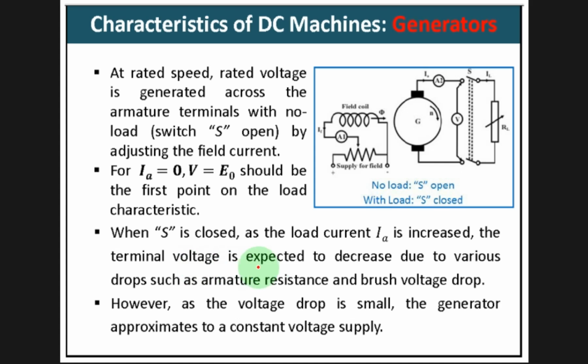The terminal voltage is expected to decrease due to various drops such as armature resistance and brush voltage drop, etc. So when there is a current, due to armature resistance some voltage will drop, and also at the brushes there will be certain resistance added, so IR drops will be there in those places, so this voltage will be reduced.